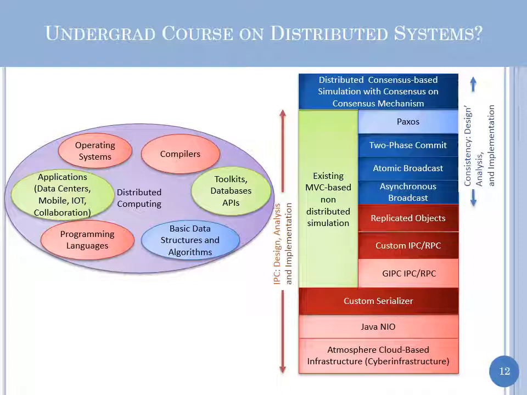And the light red or pinkish stuff is stuff that you will get to use, but not get to implement. And the darker ones are parts that you will get to implement. Okay? So you'll implement the custom serializer, and you also get to know what a serializer looks like. But you won't implement Java NIO, you'll just get to learn how to use Java NIO. Okay? You'll implement atomic broadcast and two-phase commit, but you'll use Paxos and not implement it.